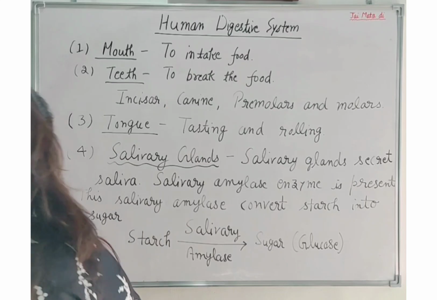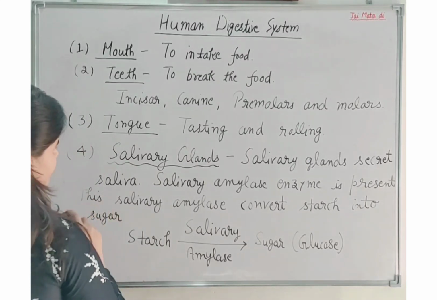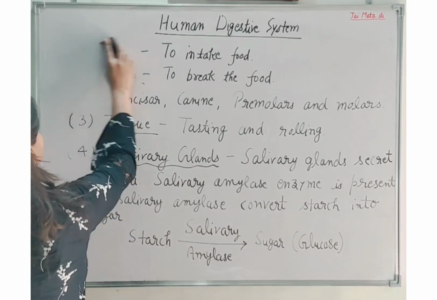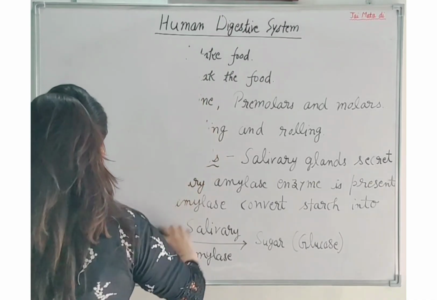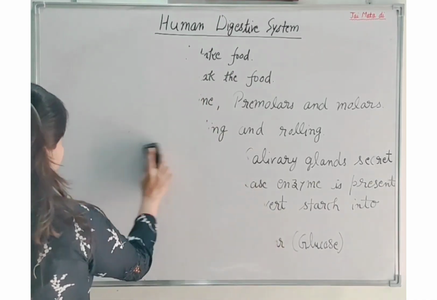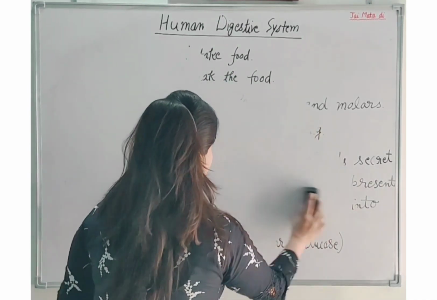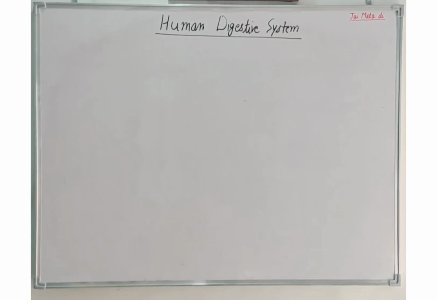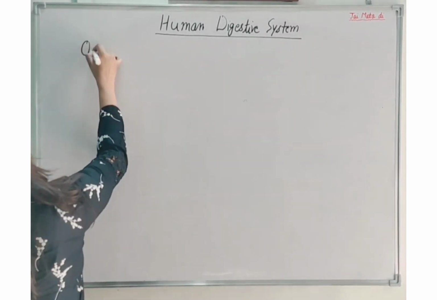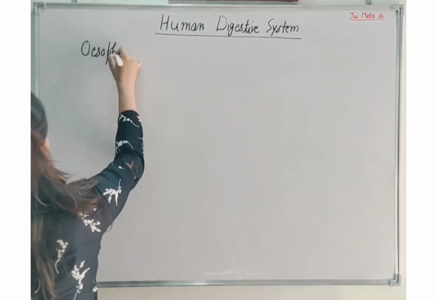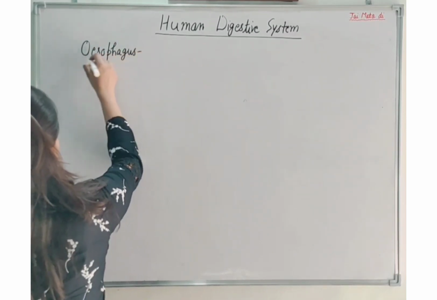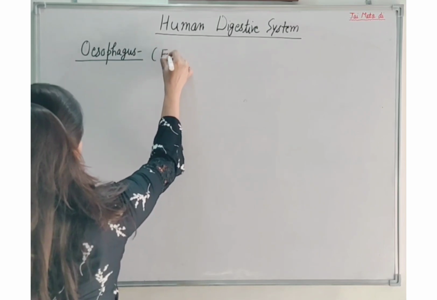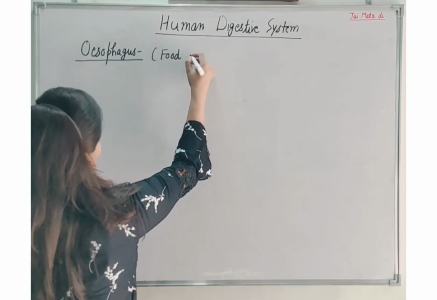Now the next part is the oesophagus. Okay, let's come to the oesophagus. It is also known as the food pipe, as I have told you earlier.